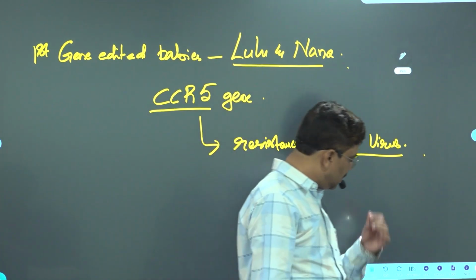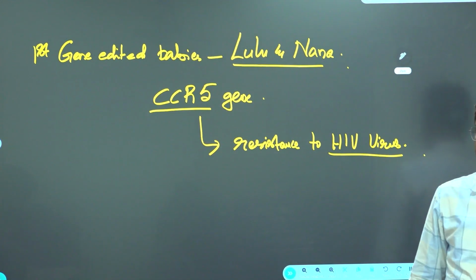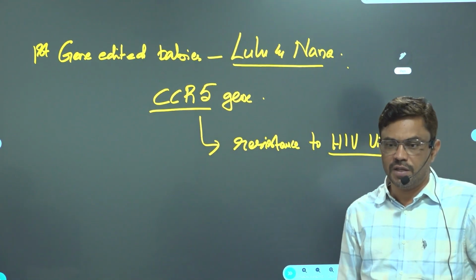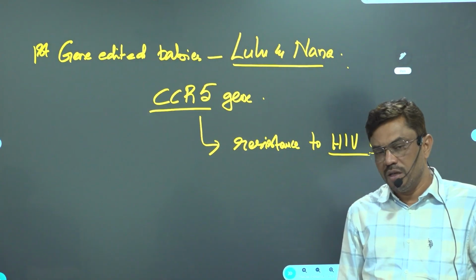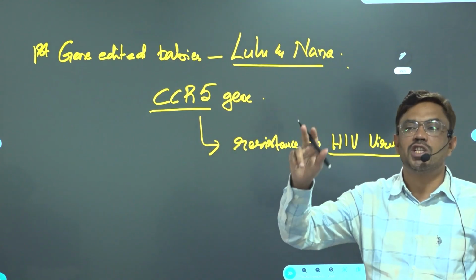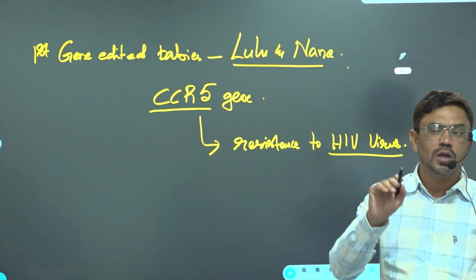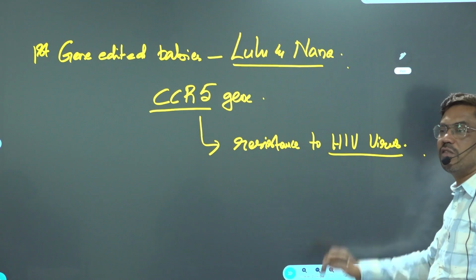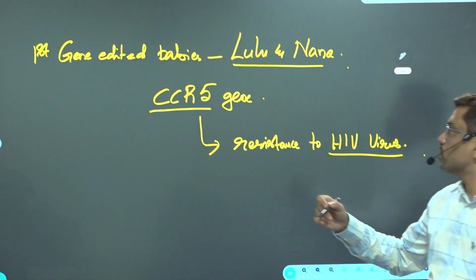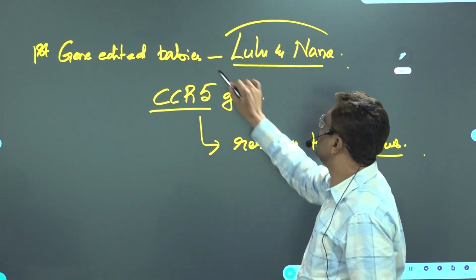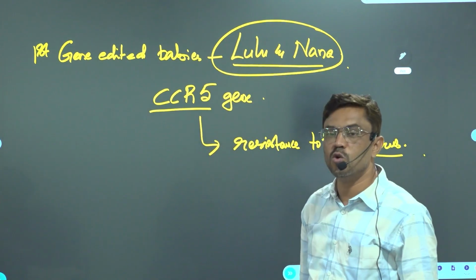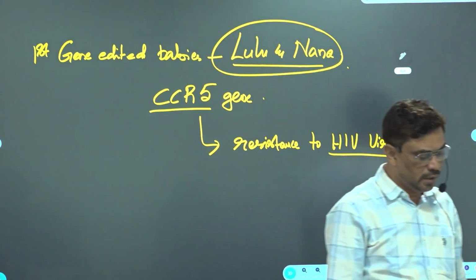So the Chinese doctor for the first time performed gene editing by using CRISPR-Cas9 technology on the embryonic stem cells in order to resist HIV virus. This couple gave birth to the gene edited babies called Lulu and Nana, twins.